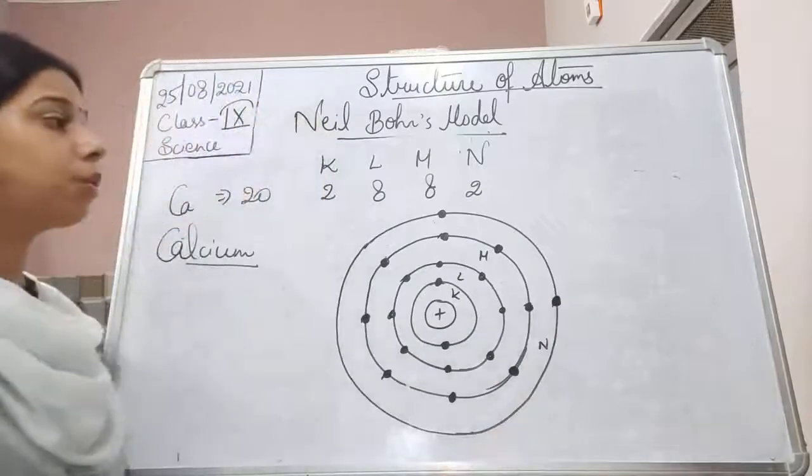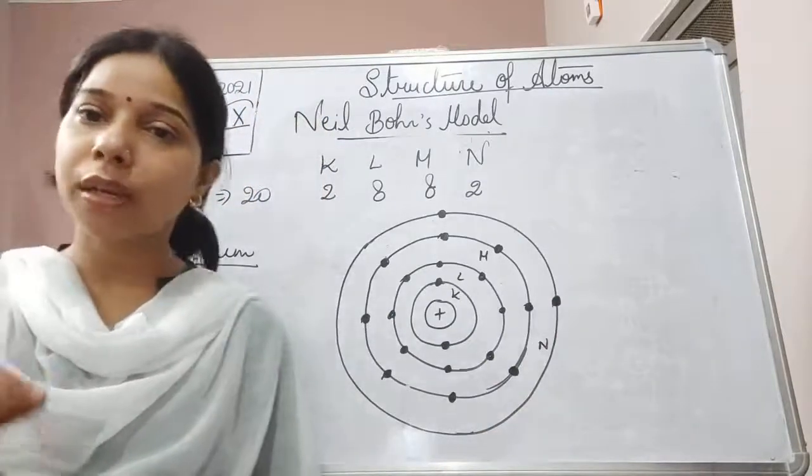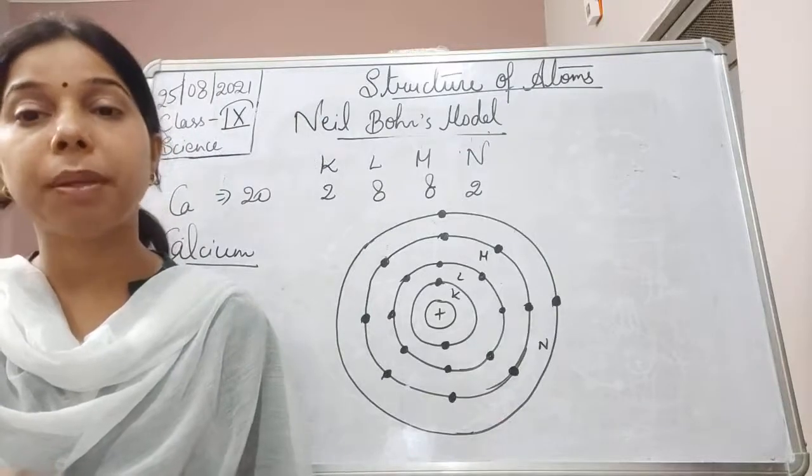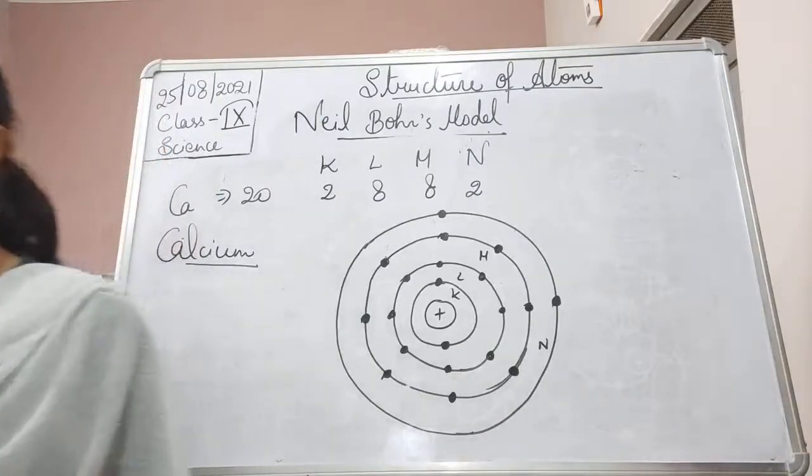This is how the electronic configuration and the atomic structure will be made for the different elements.